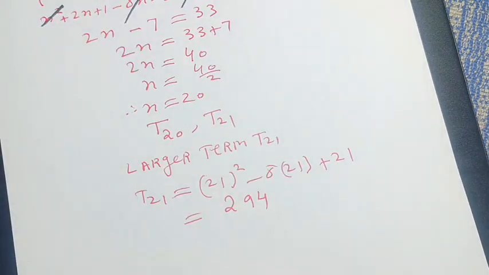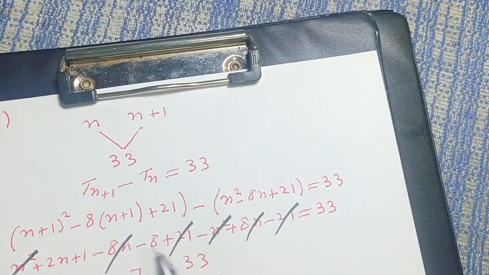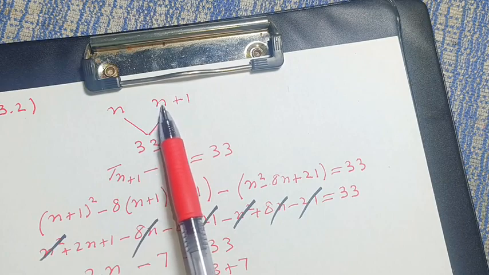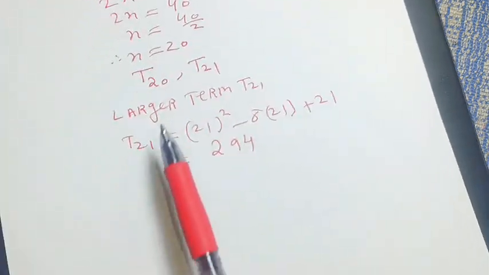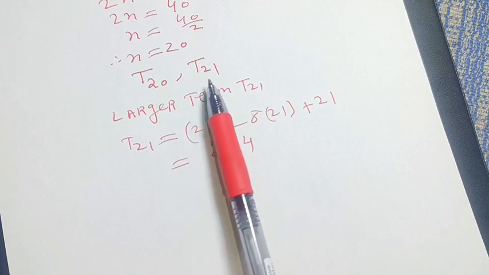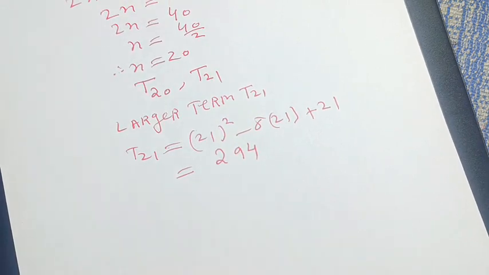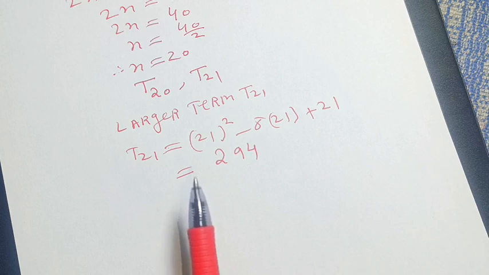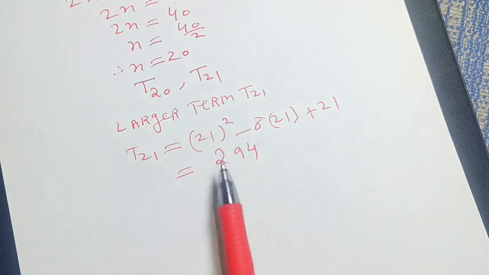Now this is my final answer because we found n is 20, so 20 plus 1 is 21, so we got T20 and T21. These two consecutive terms, the difference is equal to 33, and so we need to calculate the value of the larger term, and the larger term is T21. There is the final answer.